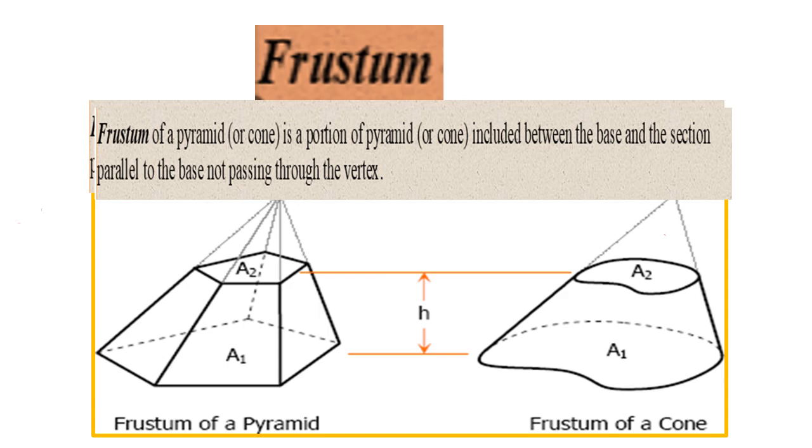Cones and pyramids. A frustum of a pyramid or cone is a portion of a pyramid included between the base and the section parallel to the base not passing through the vertex. So you have this picture.